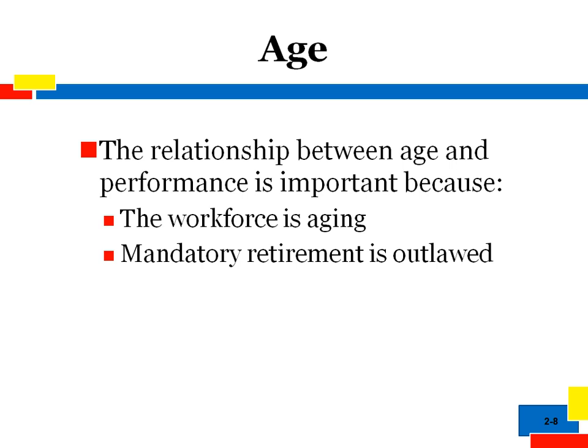So the relationship between age and performance is important because as the workforce ages, there may be performance issues just as people's hearing deteriorates or their eyesight deteriorates or their reflex skills.